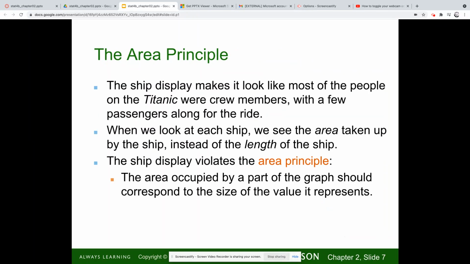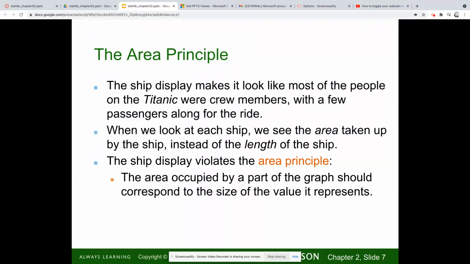So the ship display makes it look like most of the people on the Titanic were crew members, with a few passengers along for the ride. When we look at each ship, we can see that the area taken up by the ship, instead of the length of the ship, matters. The ship display violates the area principle.